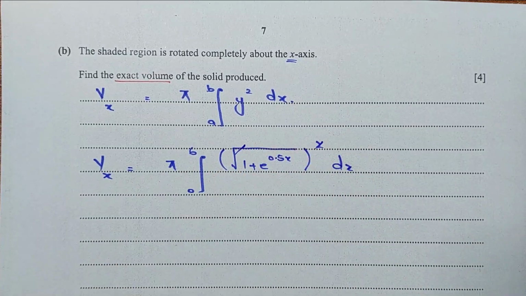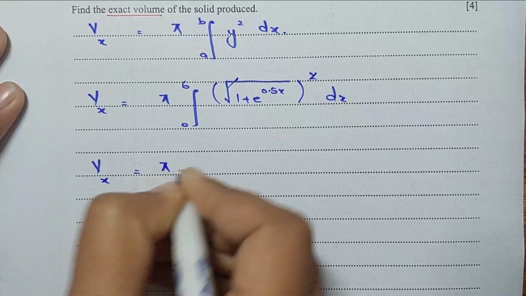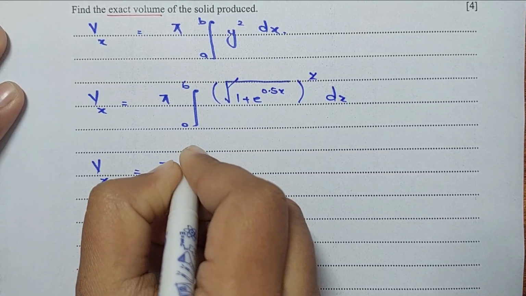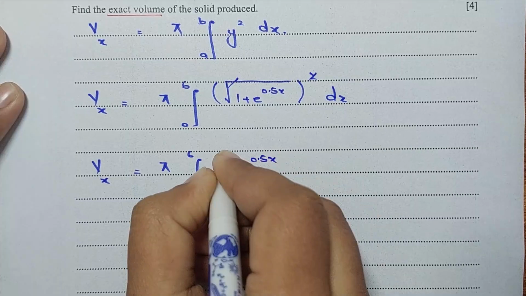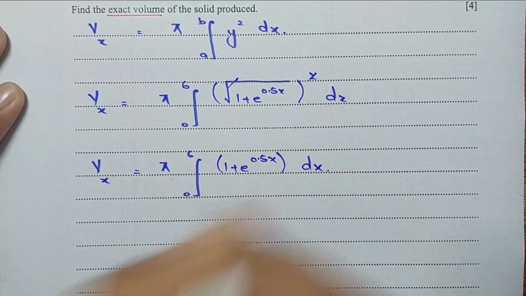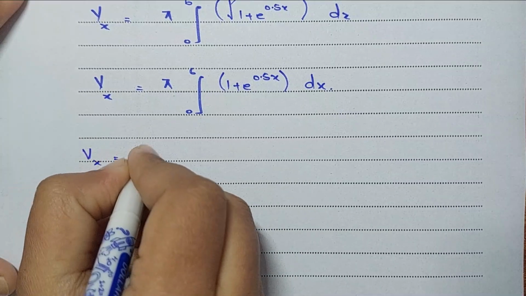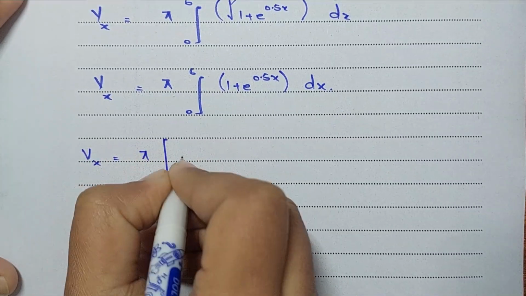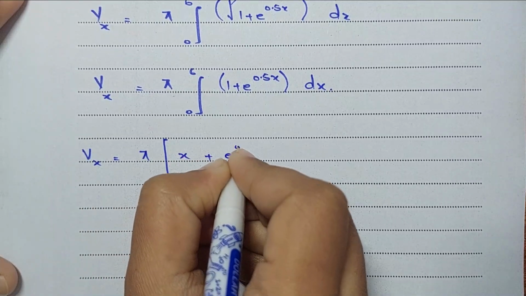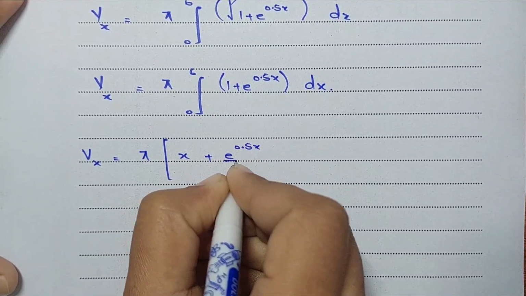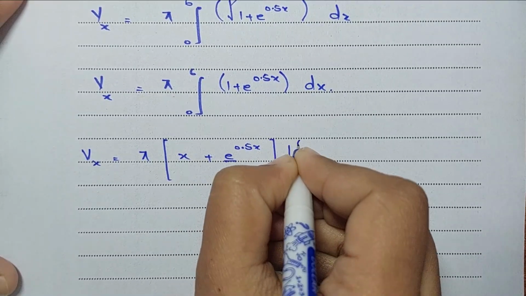The square and the square root just cancel out, and we are left with the volume as pi integration from 0 to 6 of 1 plus e to the power 0.5x dx. Okay. Now let me integrate it. Vx equals pi, and the integration of 1 is x, plus e to the power 0.5x divided by the derivative 0.5, and the limits are from 0 to 6.